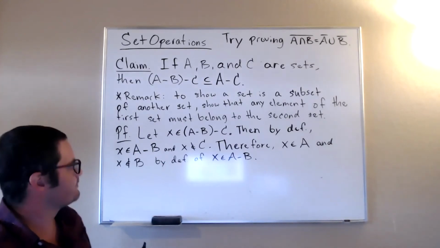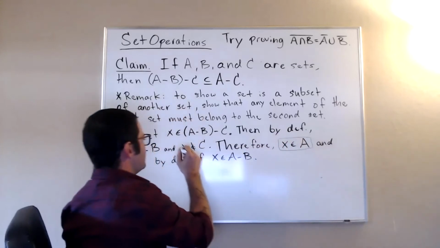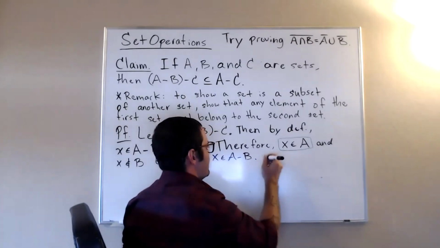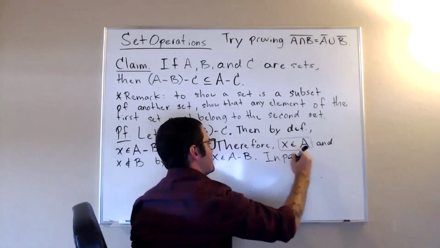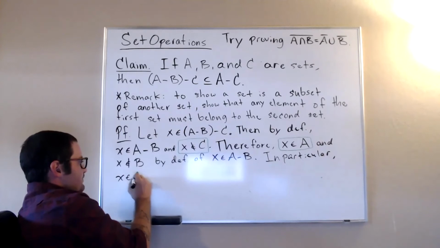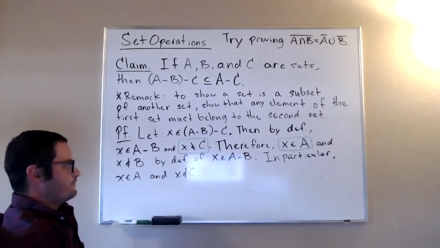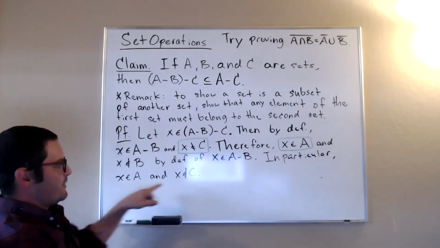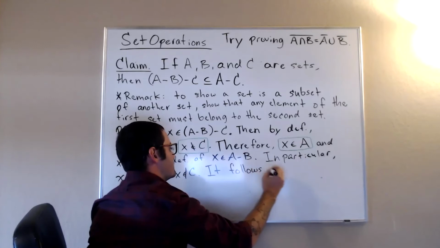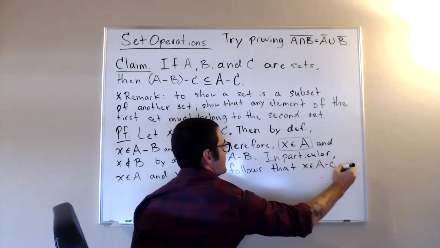So notice here that X is in A and X is not in C. So we can say something like, in particular, X is in A and X is not in C. It follows that X is in A minus C. And then you're done.